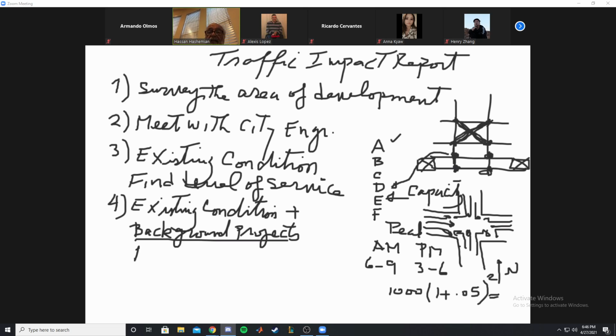So we just find level of service again. So maybe that intersection here was level of service D, but 2 years later, it turns out to be E under this situation.